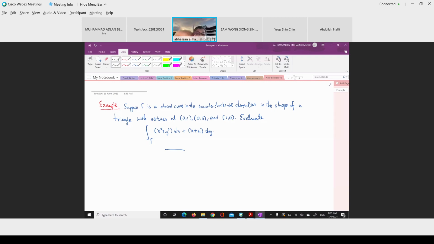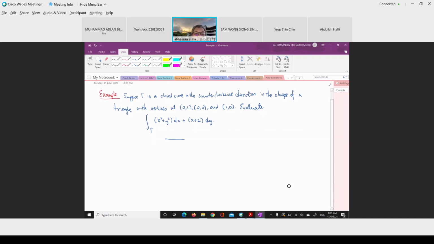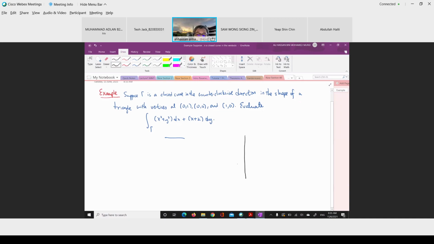Okay, let's first sketch the triangle. The triangle is on the xy plane. One vertex is at the origin, (0, 0). Another vertex is at (0, 1), which is up here on the y-axis. And another vertex is at (1, 0) on the x-axis.